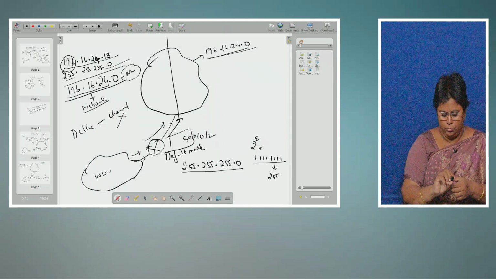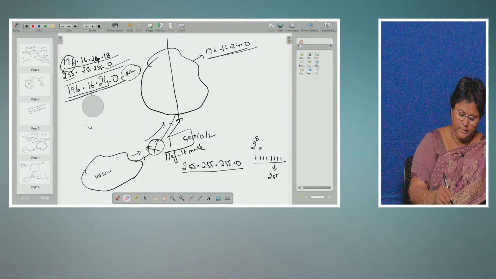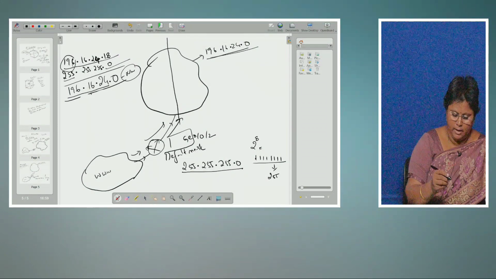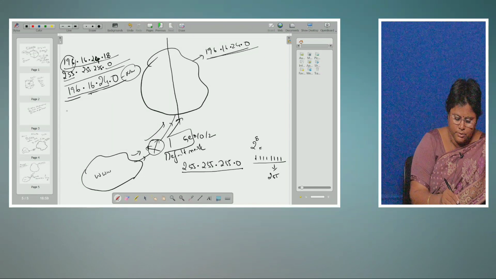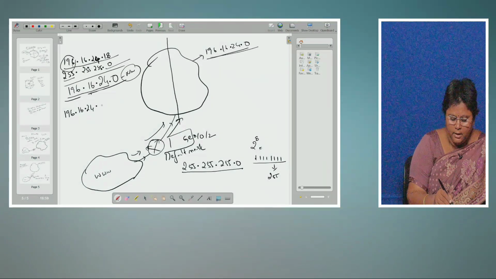So now what will I do? I am unlocking all the 8 bits. I am not touching the first 3 octets, so it will be like 196.16.24. and the last 8 bits.